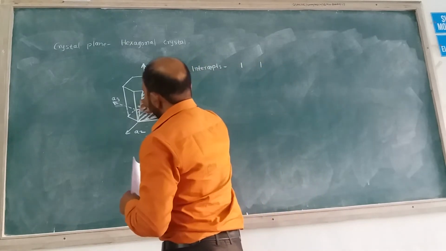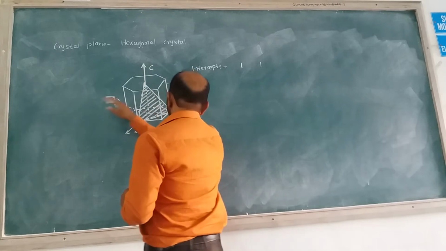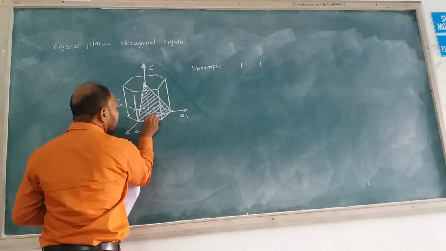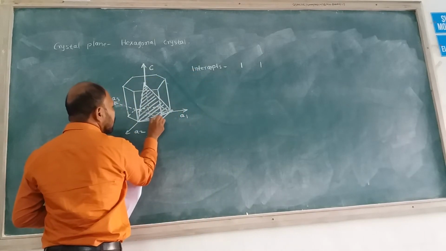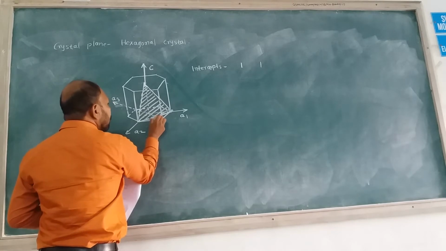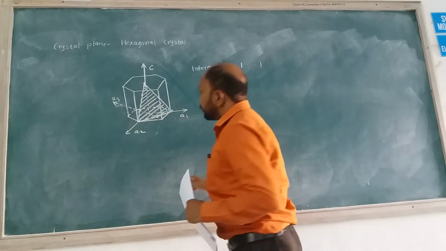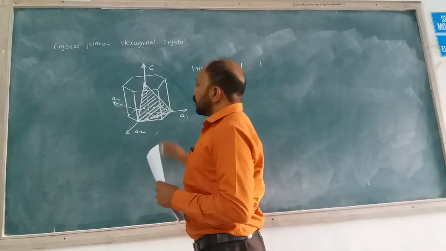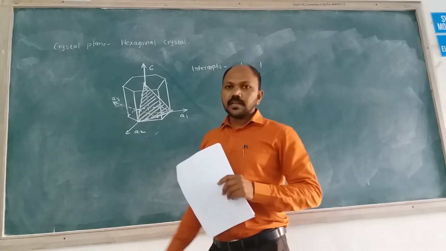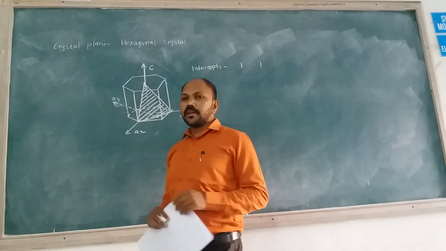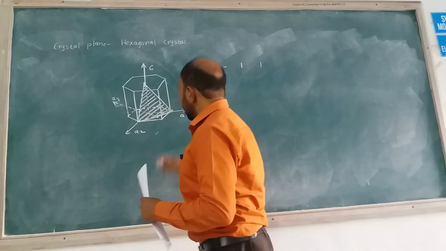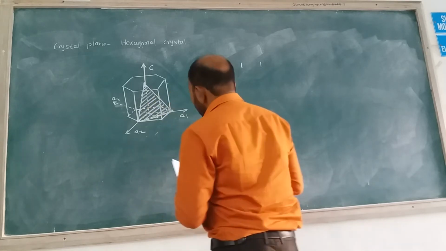If we take A3, then in the positive direction the distance is not required, but if we go in the reverse direction, the negative direction, at this location some value may be there. Using mathematics or trigonometric equations, we get that this distance is actually half distance.